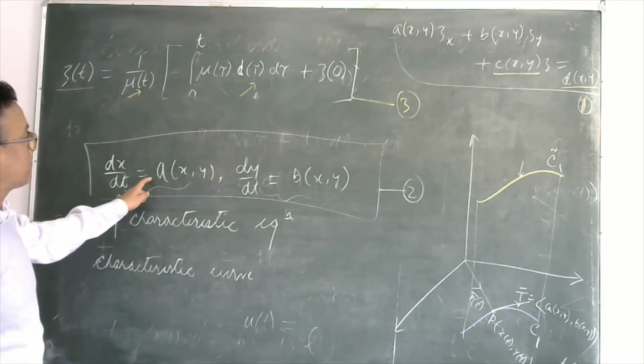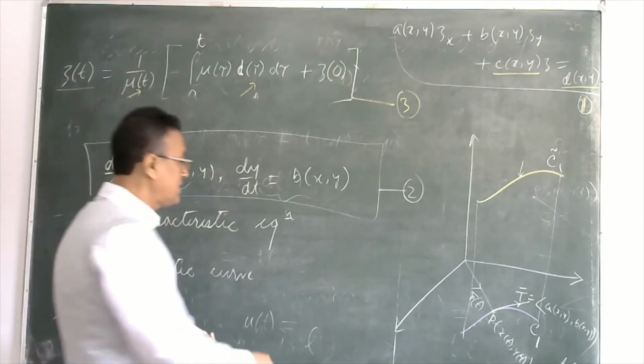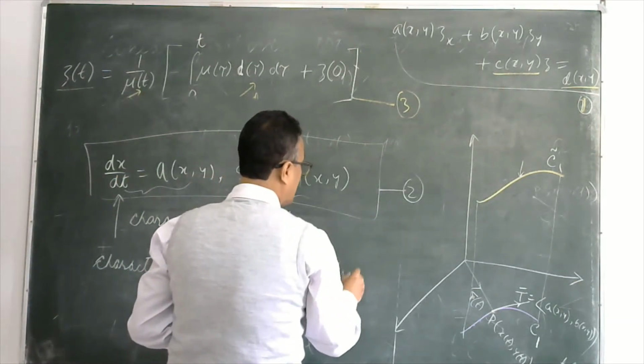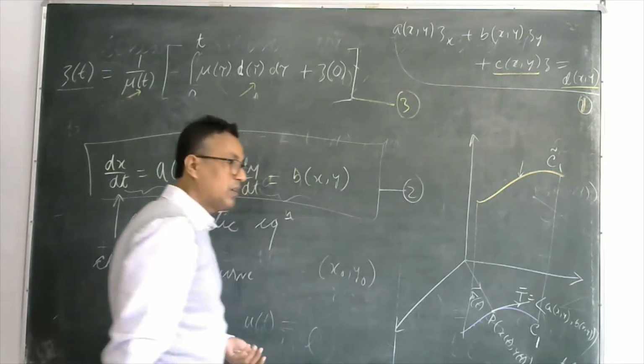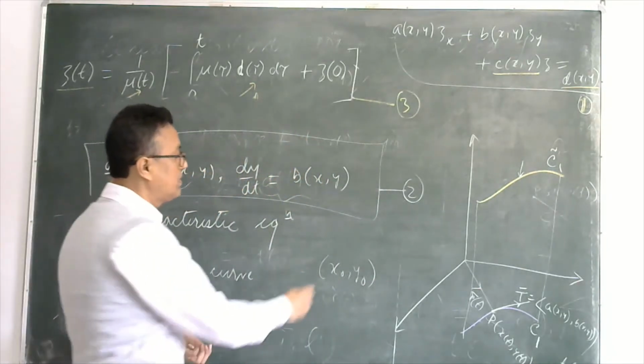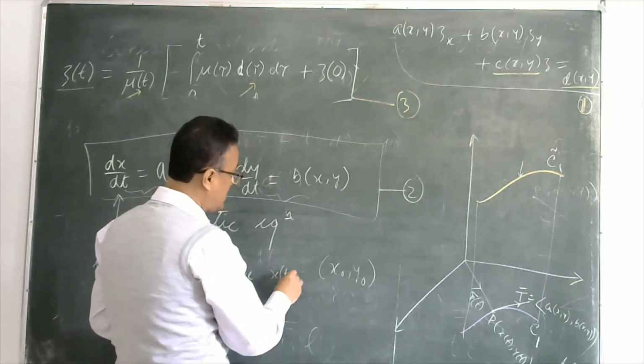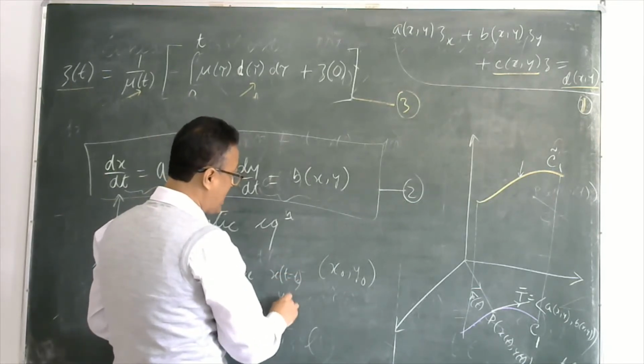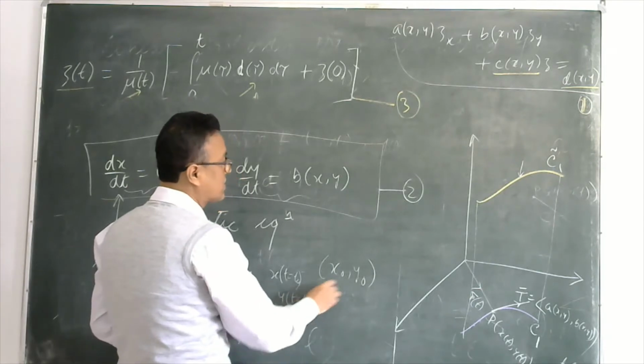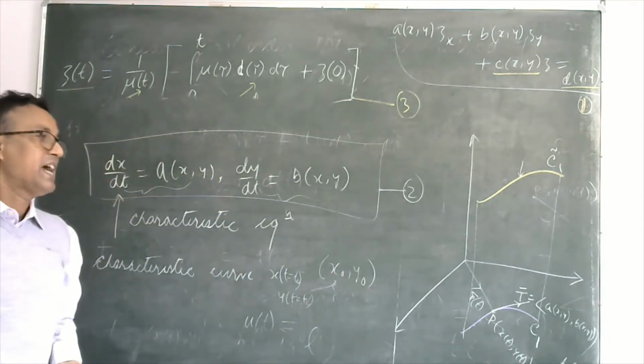So if you have some initial condition given by x naught, y naught, that means x at t equal to t naught and y at t equal to t naught are given by x naught and y naught.